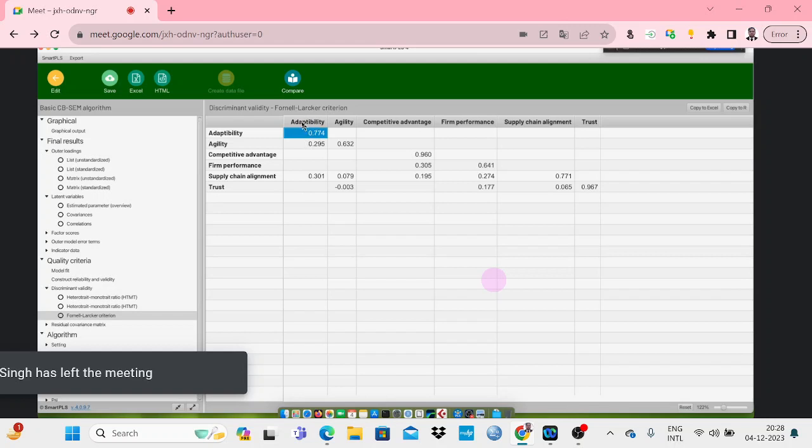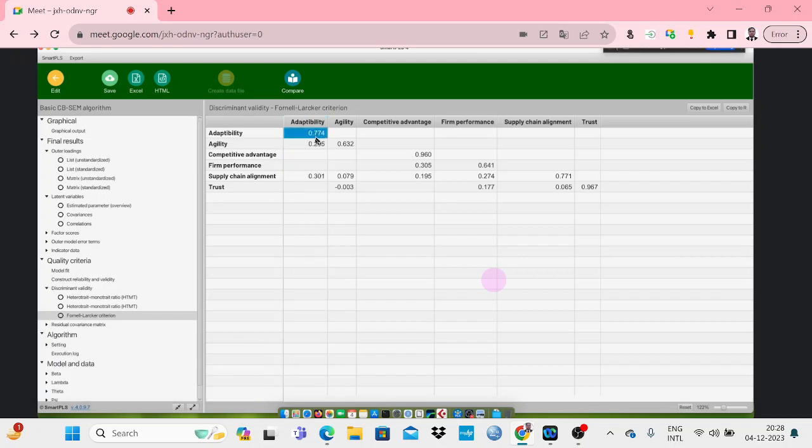For example, in the adaptability column, 0.7 is the highest value. Then for agility, the 0.6 in front of agility is the highest value. For the third construct, competitive advantage, the 0.96 value is the highest. So every construct on the diagonal should have the highest value in its column.